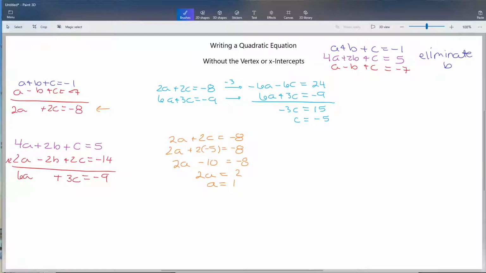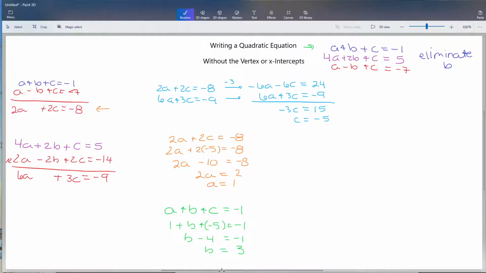Okay, and then the last thing to plug in is to take one of the three original equations, so I'll just take the top one, this one here, and I'll plug in my values for a and for c. So 1 plus -5 is -4. Add 4 to both sides, and I get b equals 3.